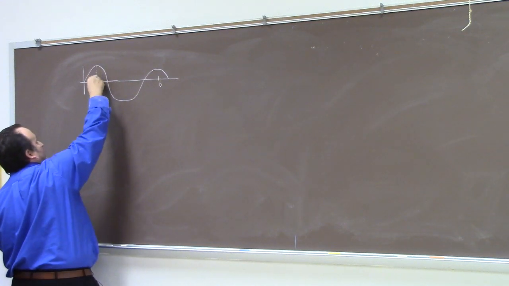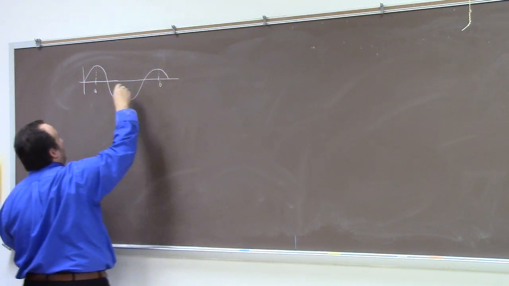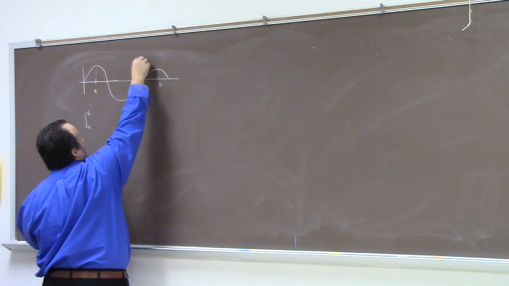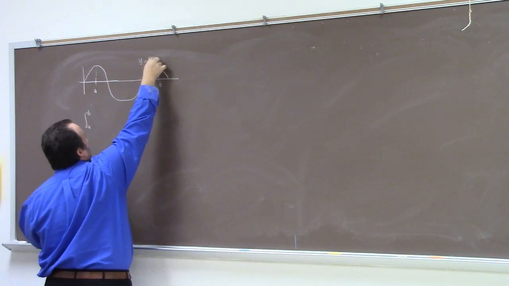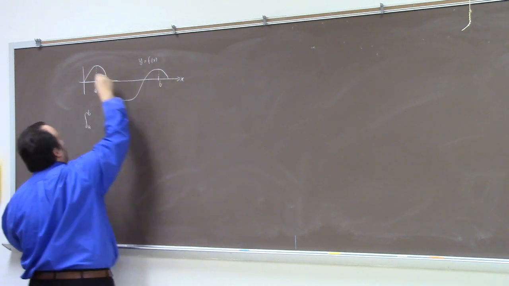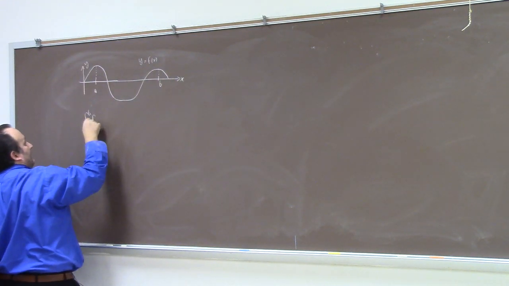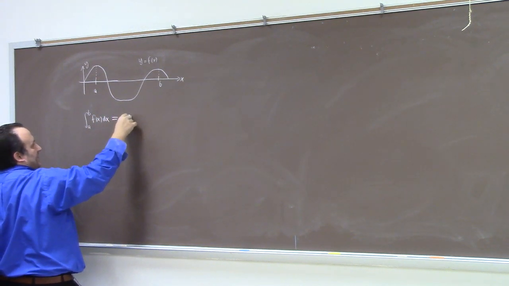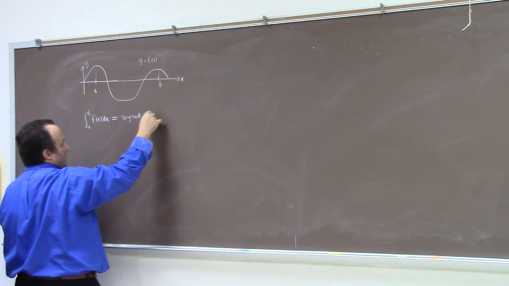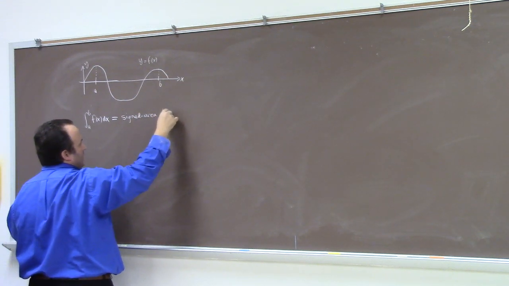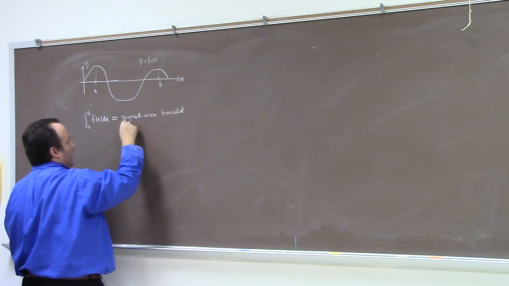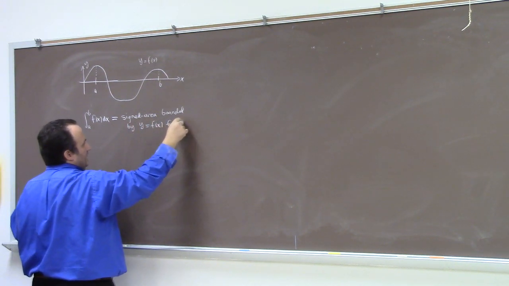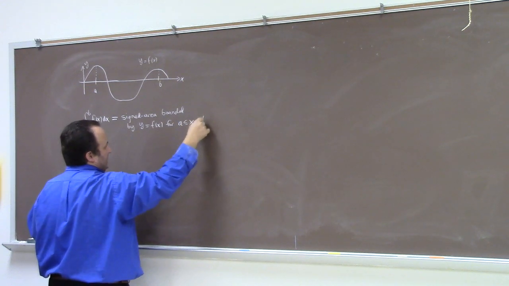And so if we calculate the integral from a to b, and this is y equals f of x, of course, what are we calculating? It gives us the signed area, right? Bounded by y equals f of x for a less than or equal to x less than or equal to b.